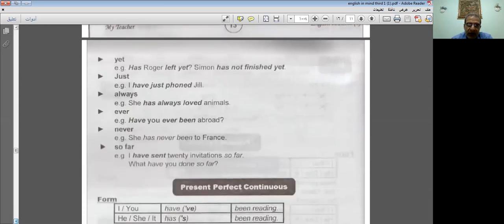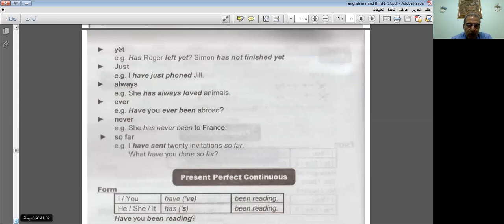Yet, always at the end of the sentence. As you see, has Roger left yet? This is a question. Simon has not finished yet. So negative and the question.